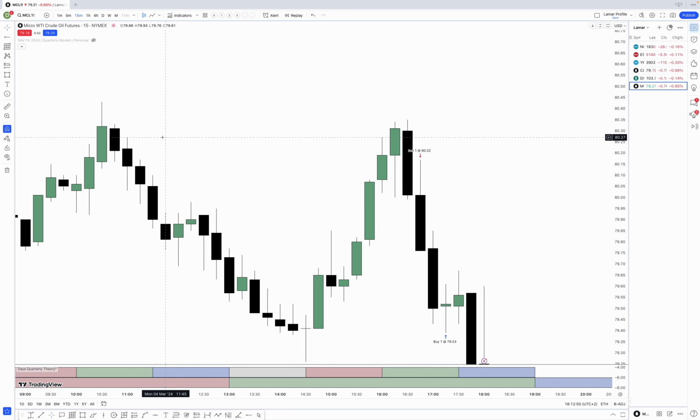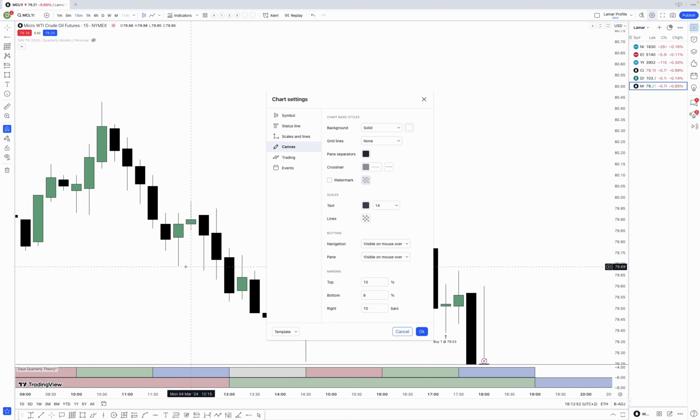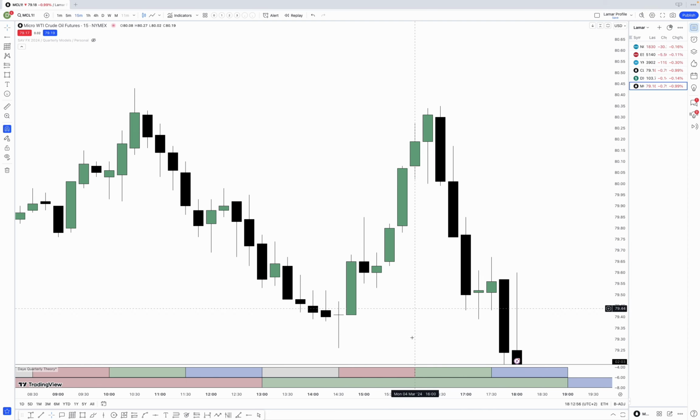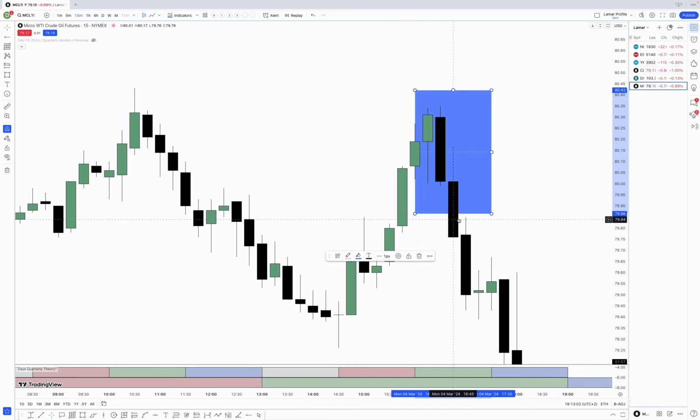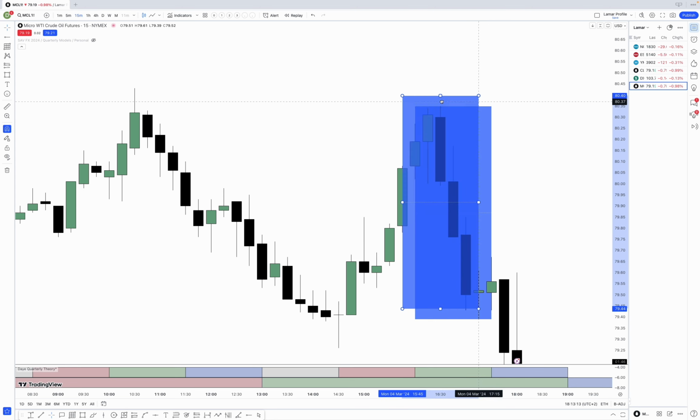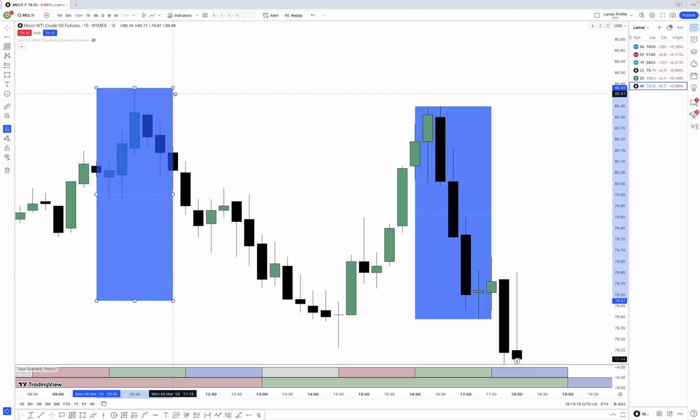Let's also hide the executions. Okay, when we are trading within Q3, which is this range right here, meaning that we're looking to take shorts within this range, what do we do? We refer back to the previous cycle Q3.